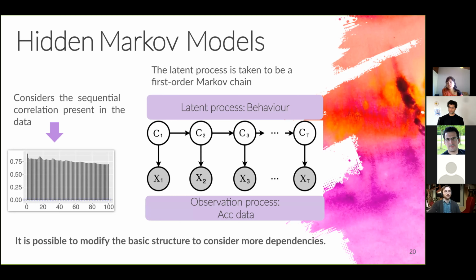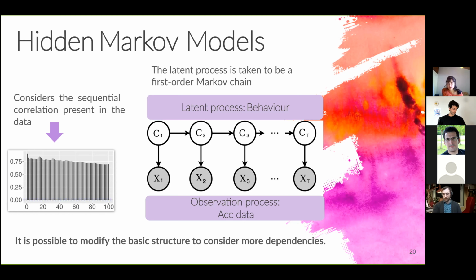Those two processes are connected by the structure of the model. In a hidden Markov model, the latent process is taken to be a first order Markov chain.